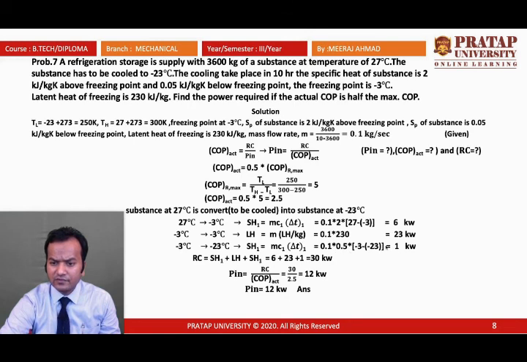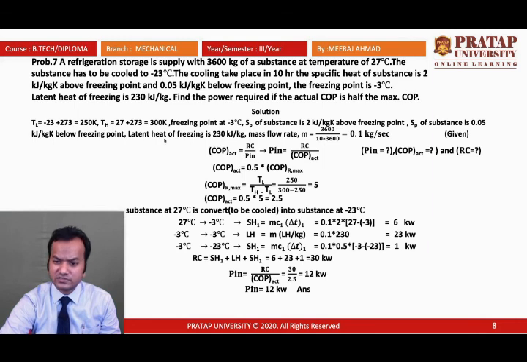Put the values of mass flow rate, specific heat and temperature difference, and you get the value of 1 kilowatt. This total heat should be extracted from the substance at 27 degrees Celsius to convert it into minus 23 degrees Celsius, to maintain the cooling of the substance.